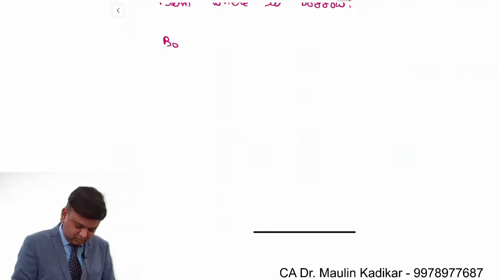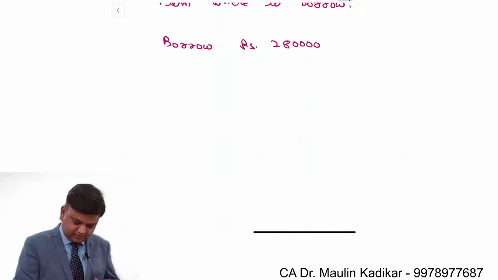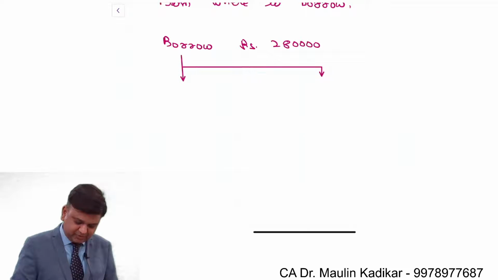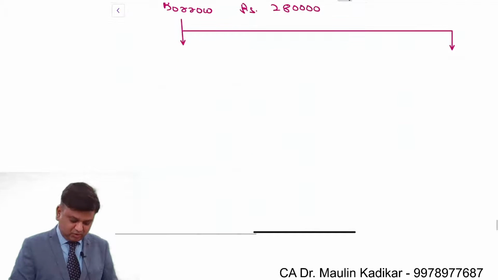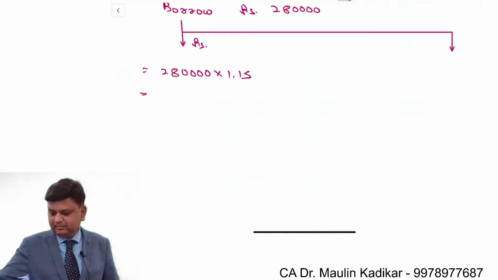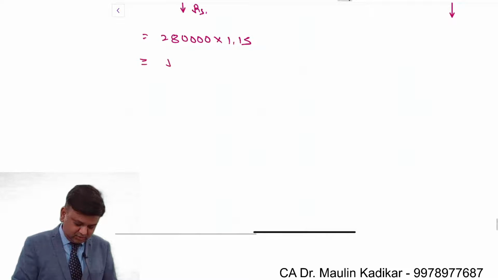So borrow rupees 2,80,000, and for that you have two options. One is in rupees term, 2,80,000 into 1.15. So 3,22,000.